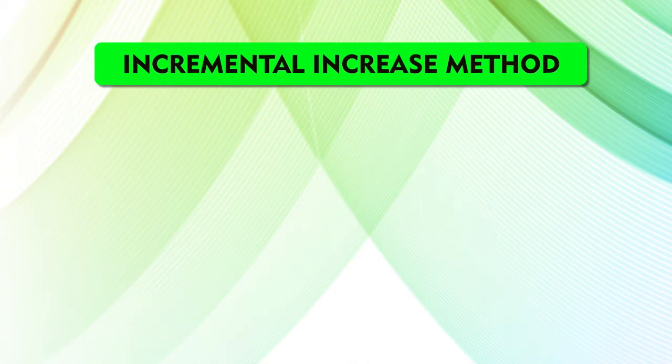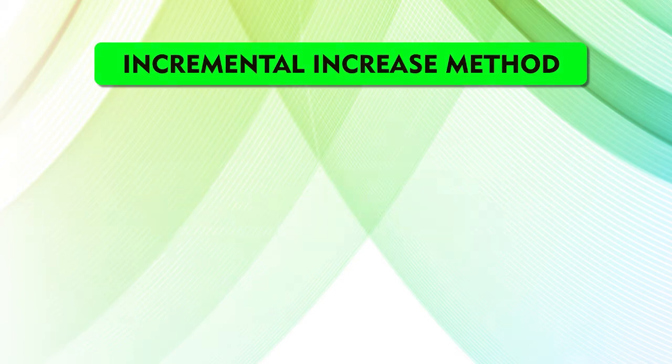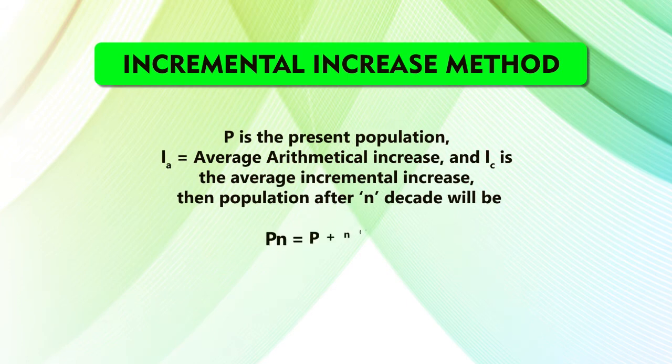Incremental increase method. The average increase in population per decade is calculated by the arithmetic progression method, and that is added to the average of the net incremental increase per decade for each future decade. Suppose P is the present population, IA is the average arithmetical increase, and IC is the average incremental increase.